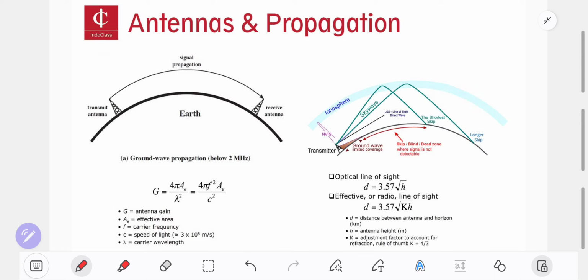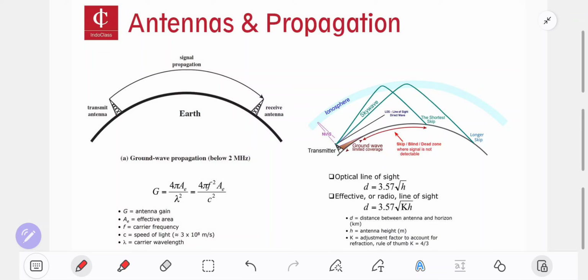In the market, there are so many kinds of antenna. For example, antenna based on shape and antenna based on radiation pattern. For antenna based on shape, we can see many shapes of antenna. For example, monopole, dipole, parabola, and loop antenna.